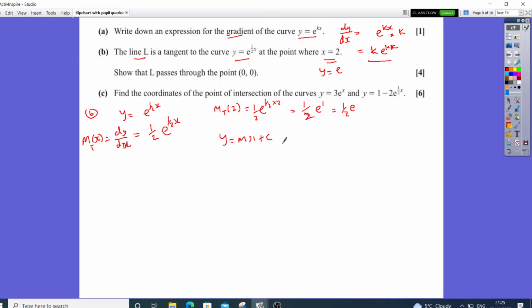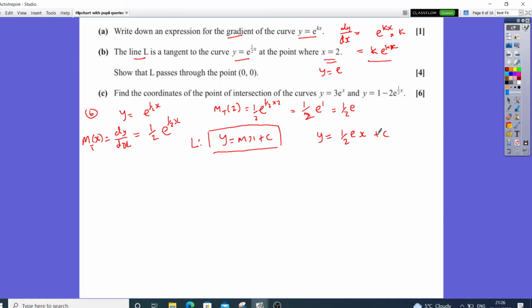So we know this line, which is L, has a gradient half e and goes through the point (2, e). So if I plug those points in, let's just put y equals gradient half e, multiplied by x, so that's the gradient times x, plus c.